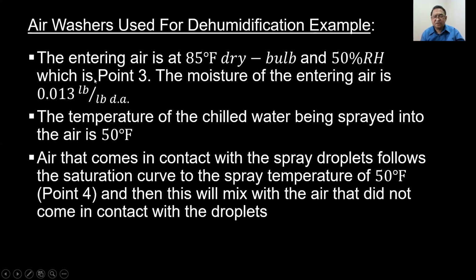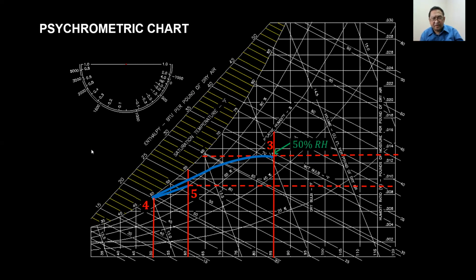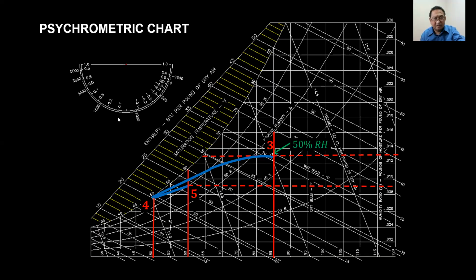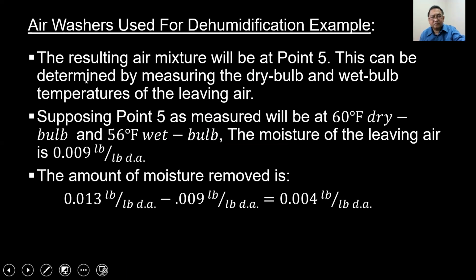The temperature of the chilled water being sprayed is 50 Fahrenheit, this temperature here at the saturation line. Air that comes in contact with the spray droplets follows the saturation curve to the spray temperature of 50 Fahrenheit at point 4, and then this will mix with the air that did not come in contact with the droplets. The resulting air mixture will be at point 5.